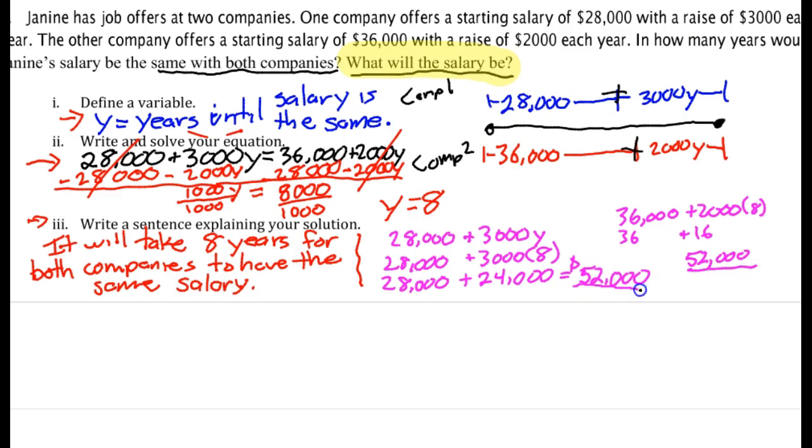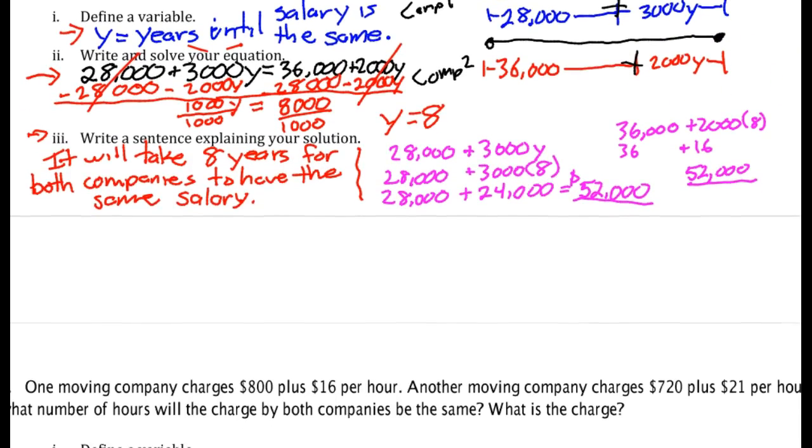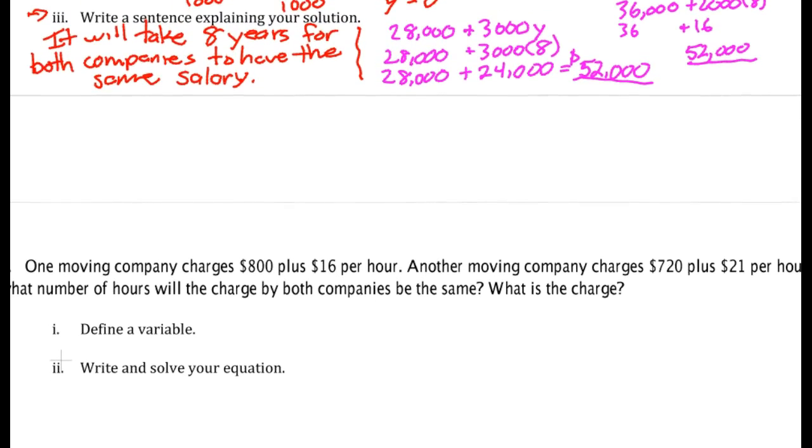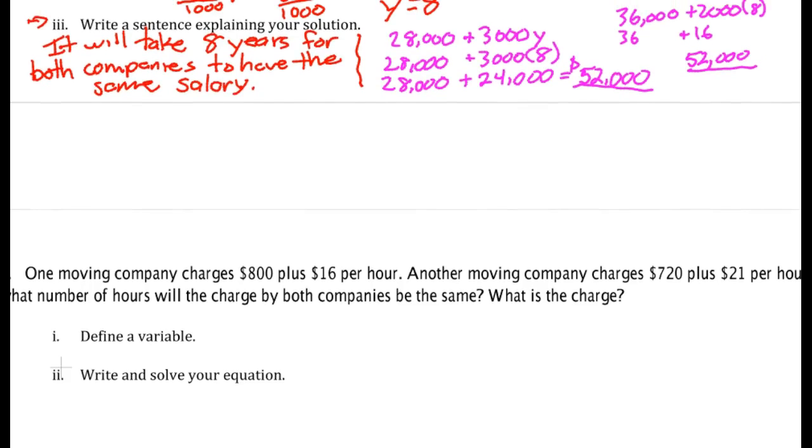They're at 52,000. But after that, company 1 will get a $3,000 raise. They'll go to 55. Company 2 will only go to 54. And after that, they'll be even further apart. So, very good question. Something to think about when you're looking for careers. Not only how much does it start at, but what's the raise structure look like every year.